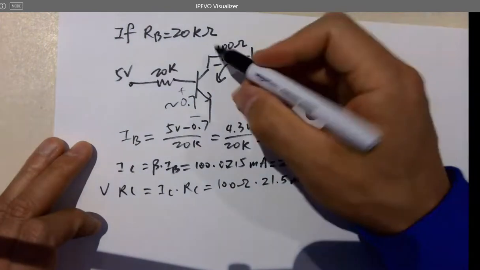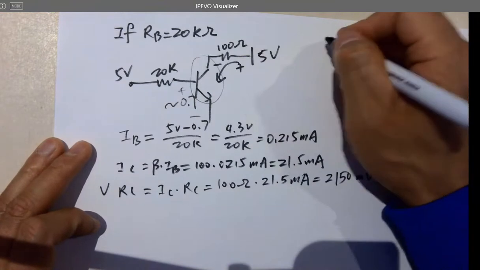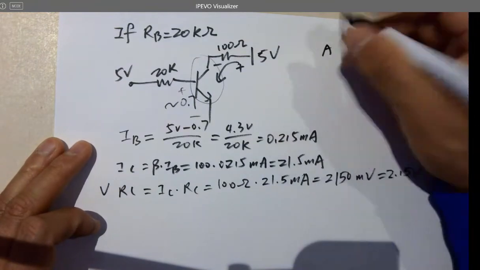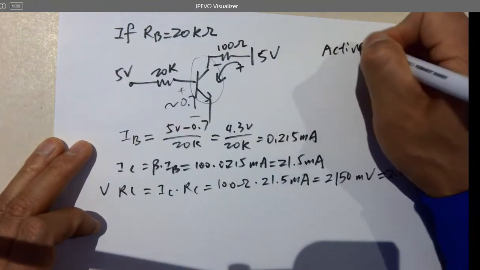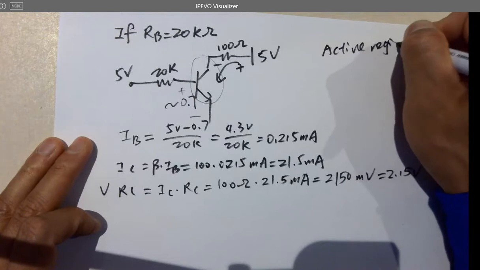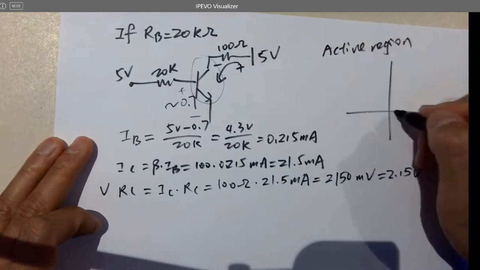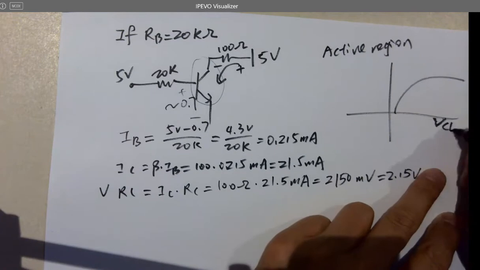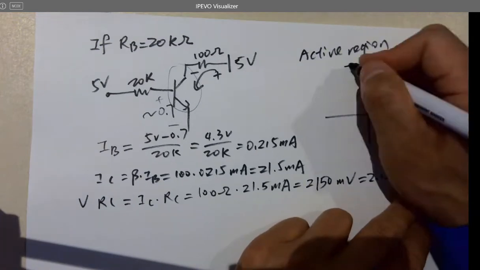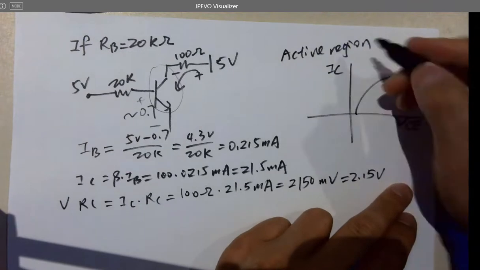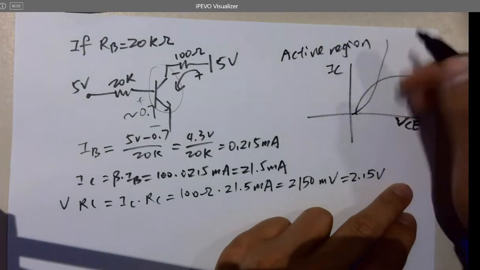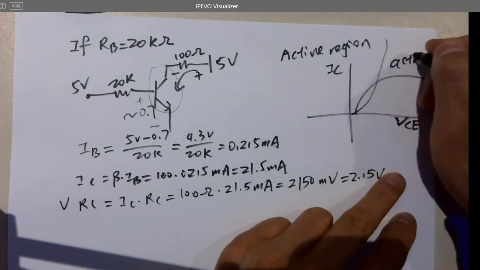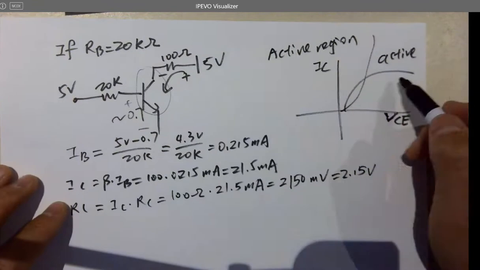So the requirement to operate this BJT in the active region, if you look at the curve, that's VCE, the collector-emitter voltage, that's IC, the collector current, and that's the active region where you want to operate your BJT.